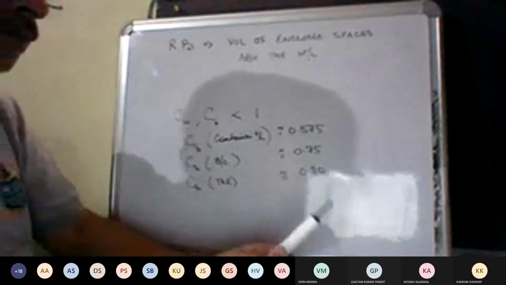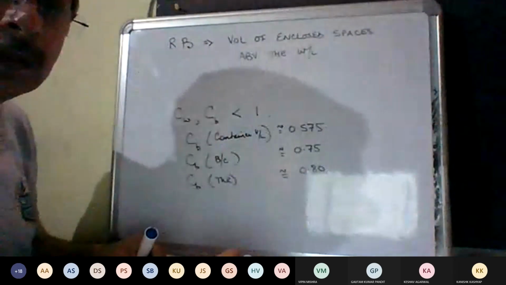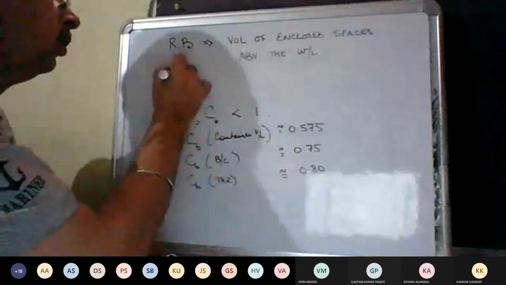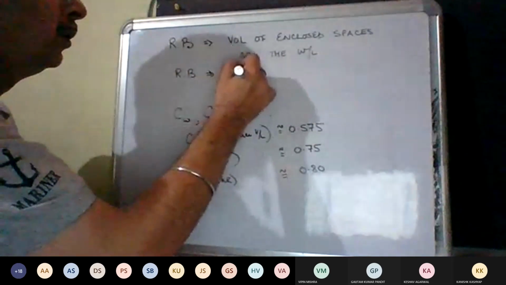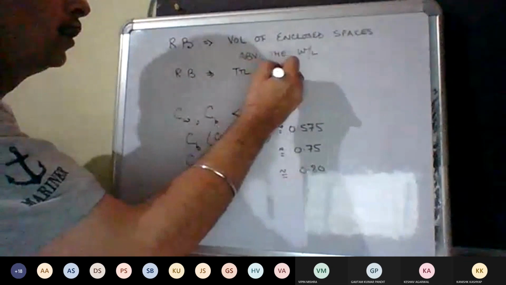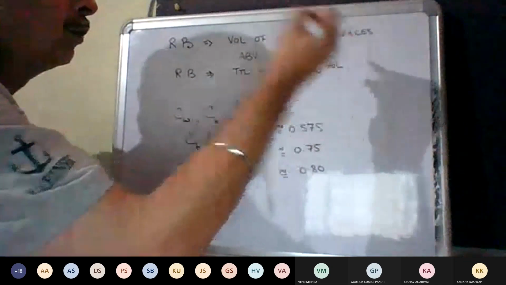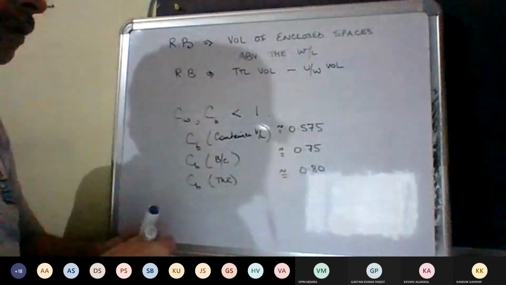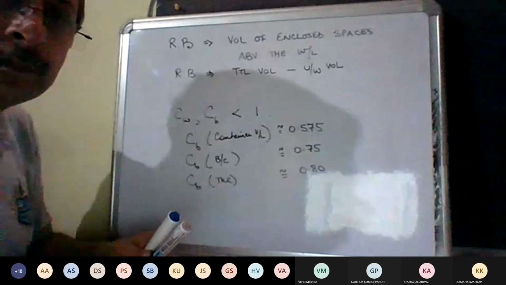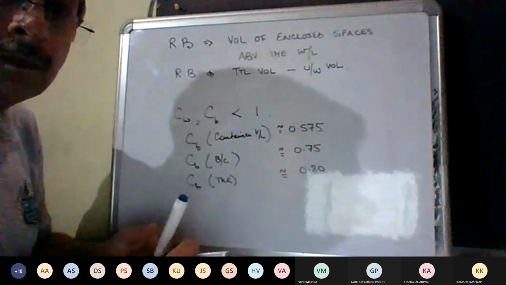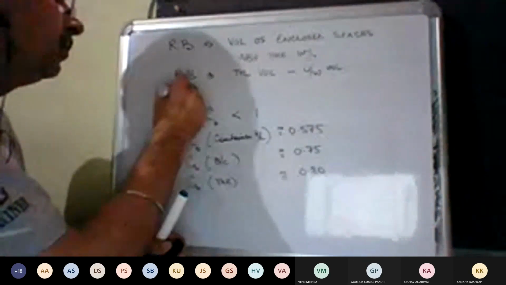So therefore, reserve buoyancy is total volume minus underwater volume. And so therefore, reserve buoyancy is a percentage.